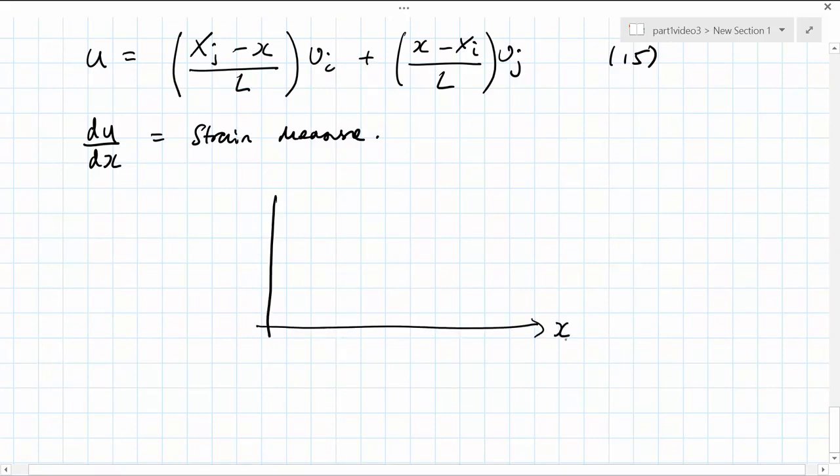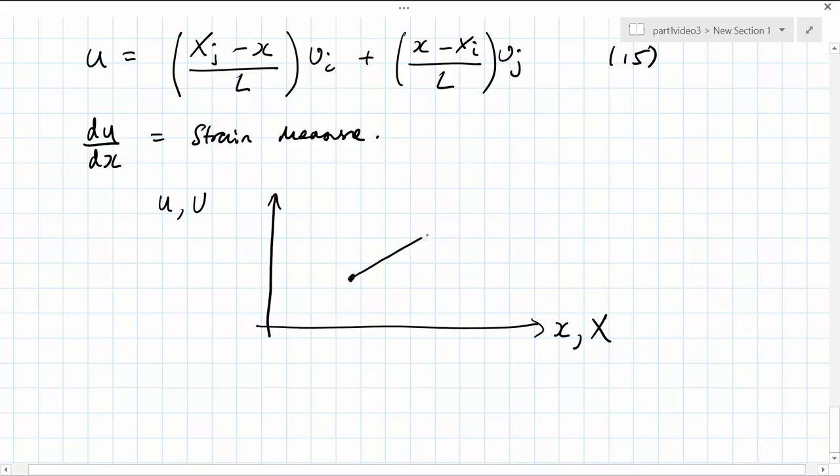We have our continuous value of x as well as our nodal value of x along the horizontal axis, and our continuous value of u and nodal value of u on the y-axis.